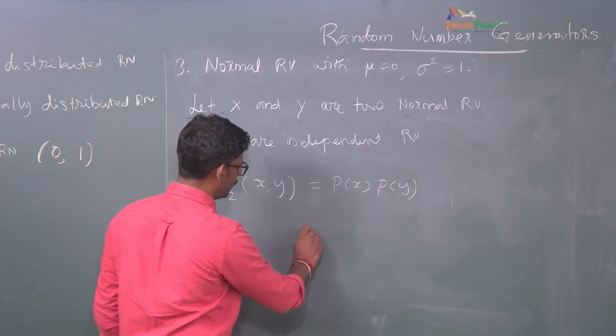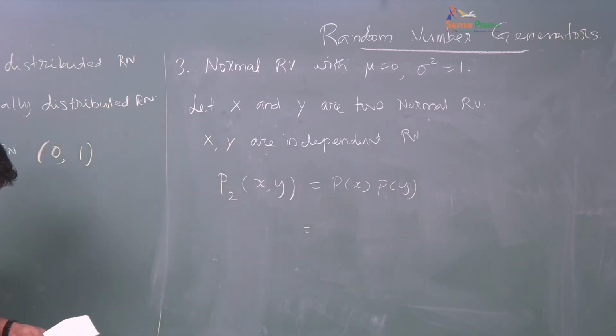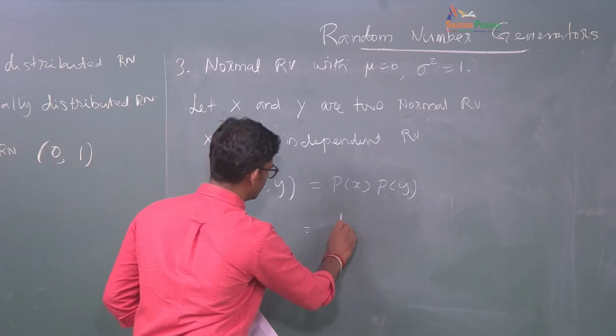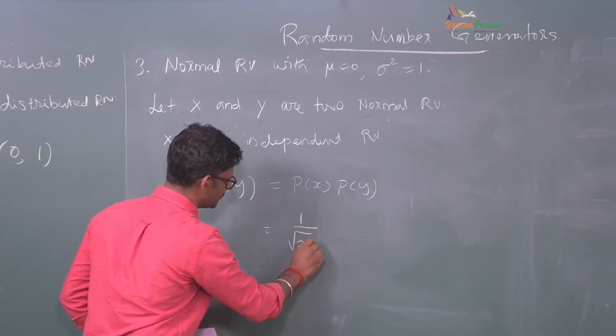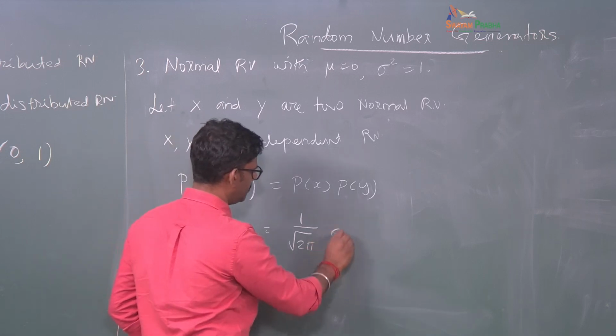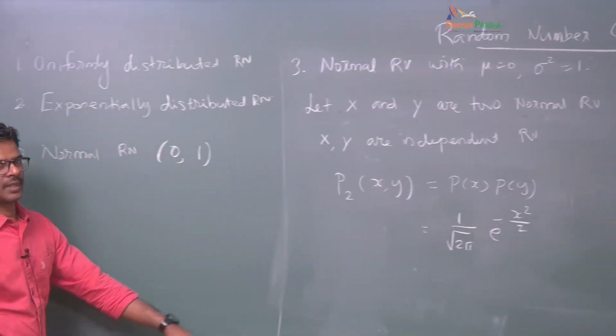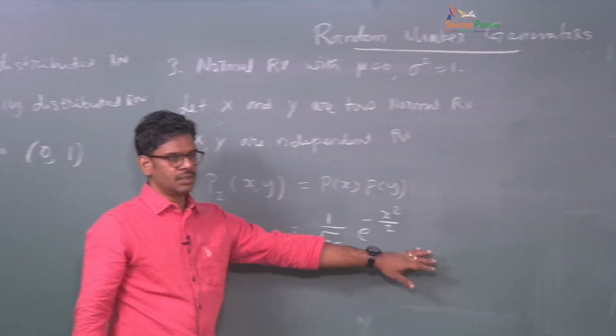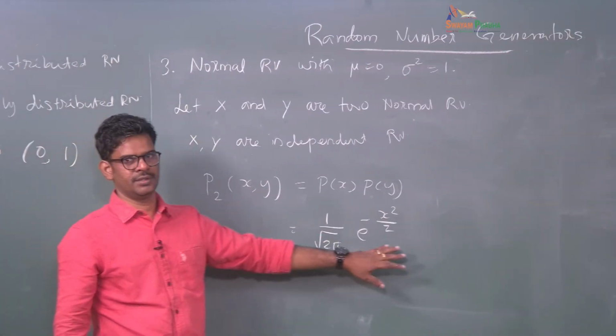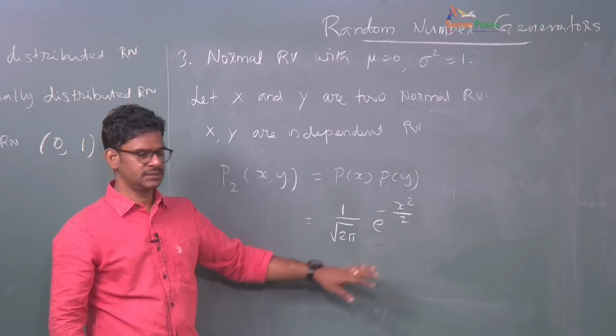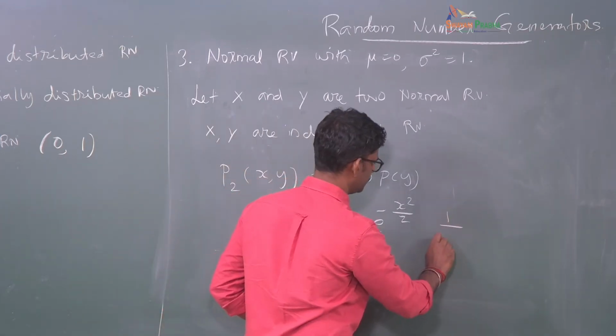And we know the functional forms, right? So we can substitute that now. 1 by square root of 2 pi, sigma is 1, e power minus x square by 2. This is the normal distribution function with 0 mean and unit variance for x. Similarly, I can write for y.